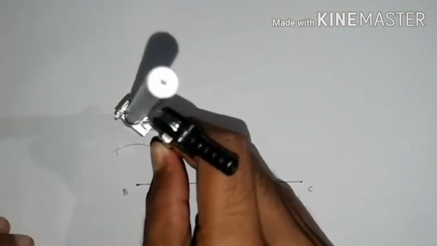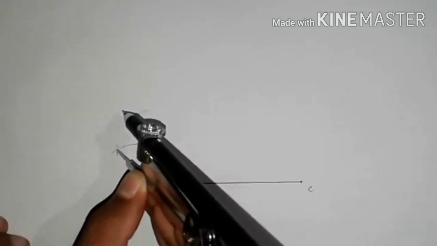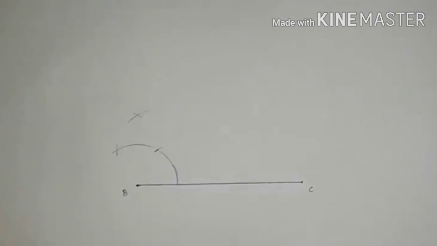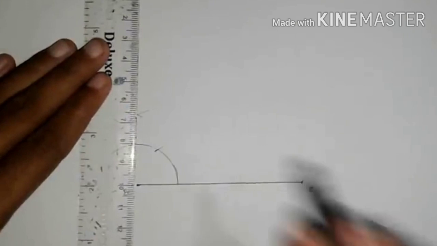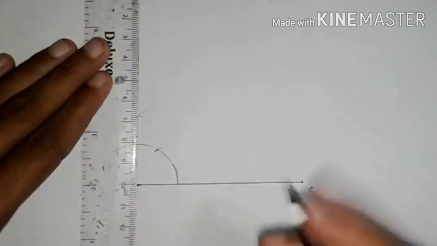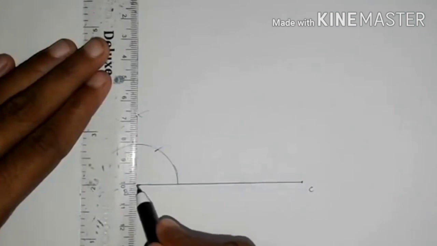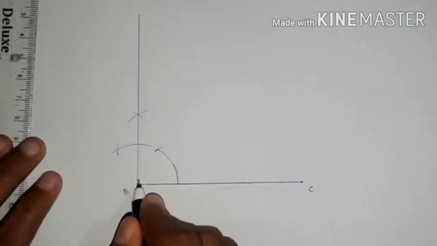Then using the same radius you have to bisect. You have already learned how to draw 90 degree at a point. That is what we are doing here. Then join the point of intersection of the arcs which you have drawn and the point B. Now at B 90 degree angle is formed.